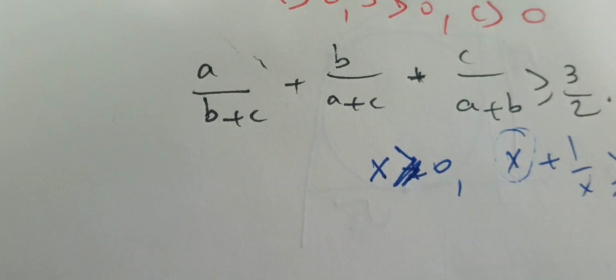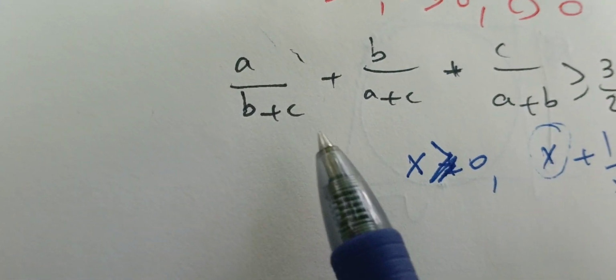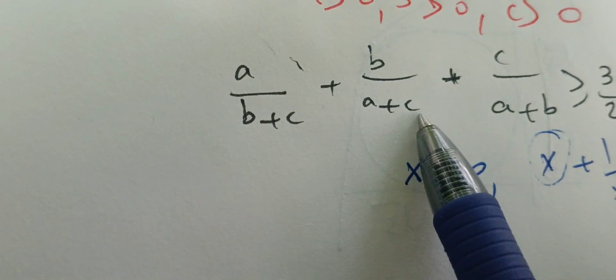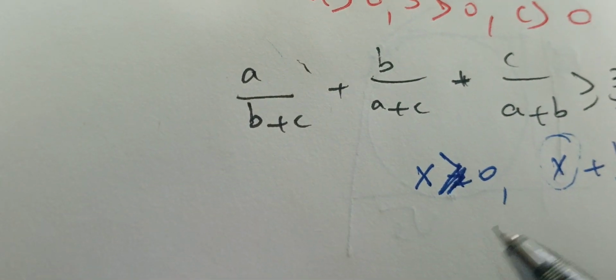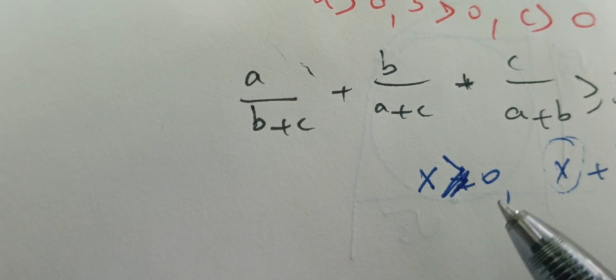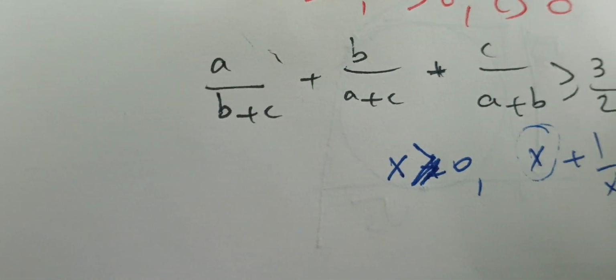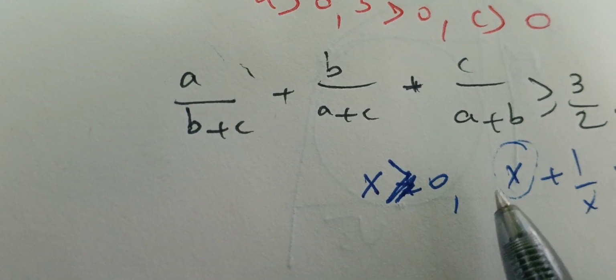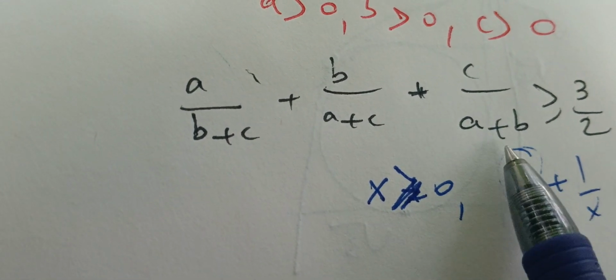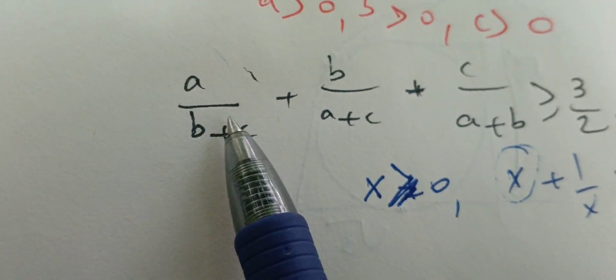Here we have 3 different numbers, A, B, and C, and we see the sums A plus B, A plus C, B plus C. This is a cyclic or symmetric sum. If we can find one and prove the result, then we can do the same thing for the others. So one easy way to find x is to write this as some fraction of the sum of 2.